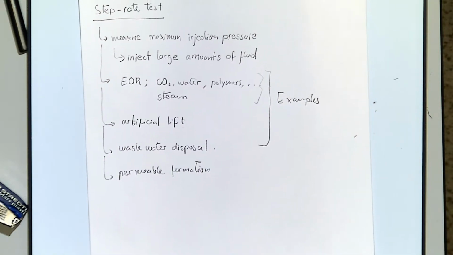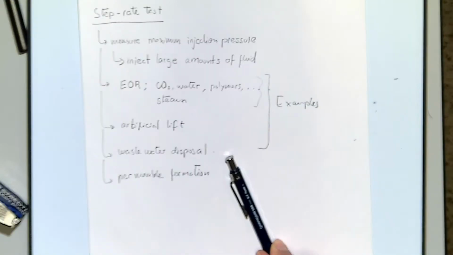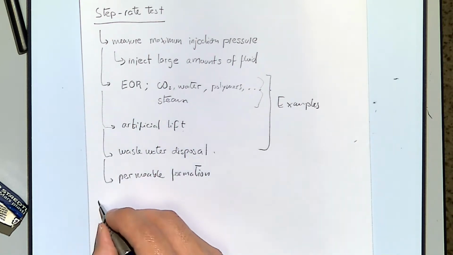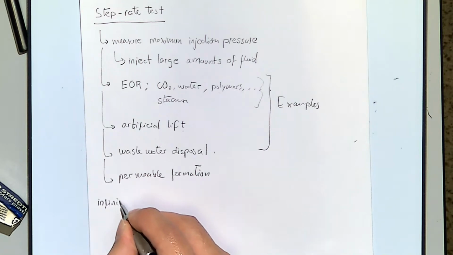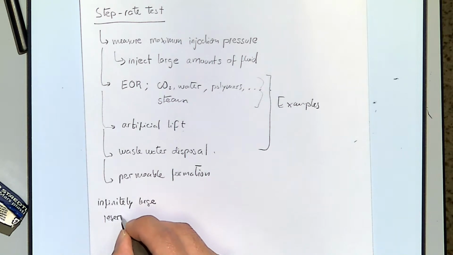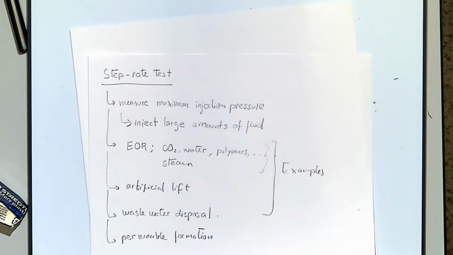and a large influence on that was understanding better some of these concepts. In this case, we're going to assume that we have an infinitely large reservoir. And the step rate test is going to consist, probably, I'm going to need another page.